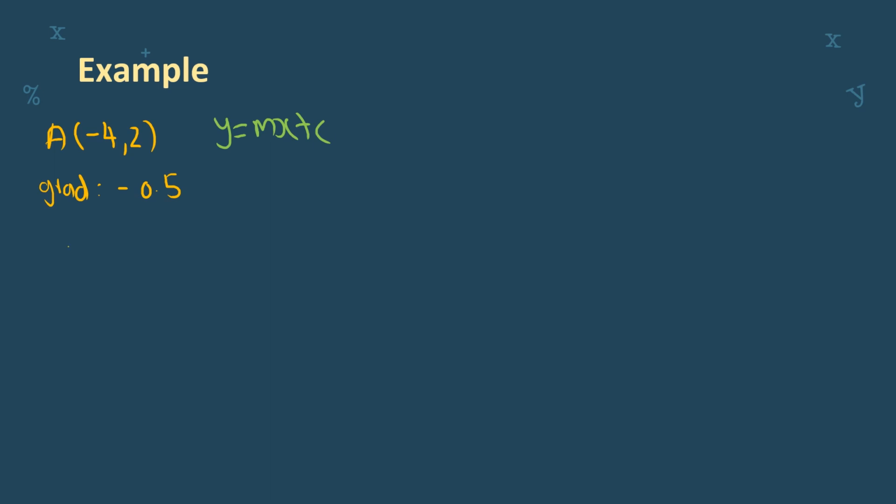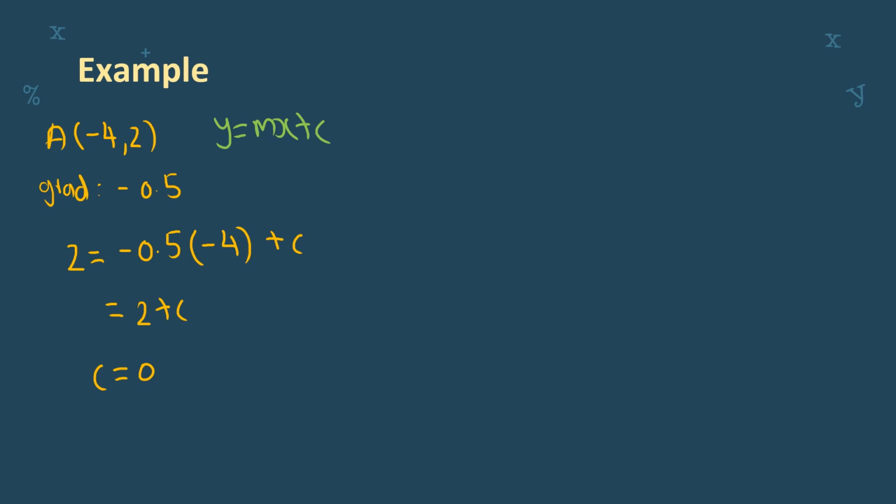So y is 2 equals m, which is our gradient, -0.5, times x, which is -4, plus c. And this equals 2 plus c, so c equals 0. So what this means is that the graph actually cuts the origin. And we can see that from the graph.